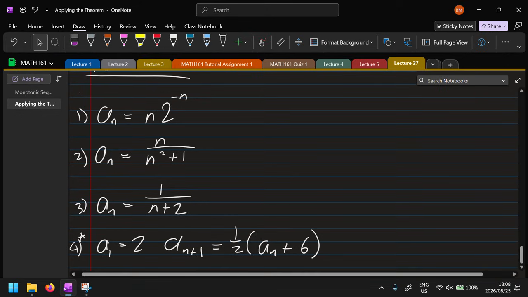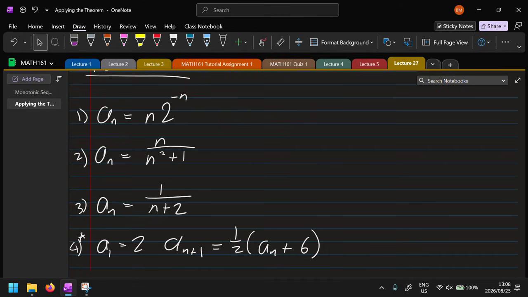So the question is, use the monotonic sequence theorem to show that these 4 converge. Some of them will be increasing and bounded above, others will be decreasing and bounded below. You need to figure that out and then fill in the details for the proof. Right, any questions? All good.